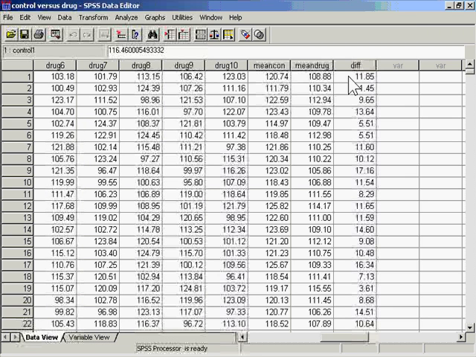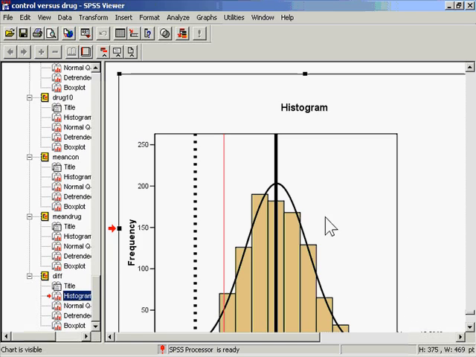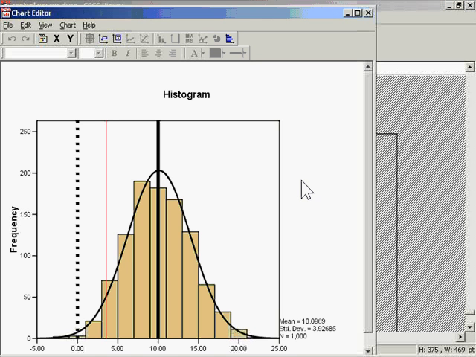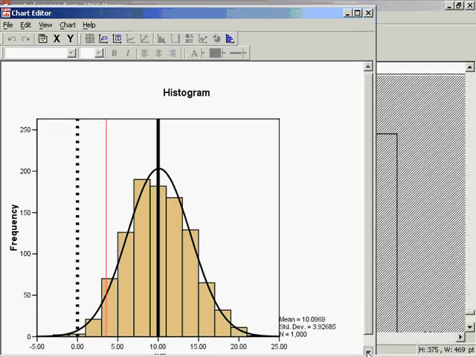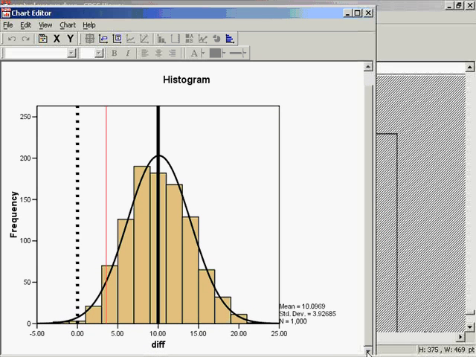If we draw up a histogram of this difference between the mean and the drug, we see something which is very simple and straightforward. Firstly, we get a nice smooth bell-shaped curve. Secondly, the thick black line I've put in, which is the mean value for the difference, is centered on the true mean difference between the control and the drug treatment.